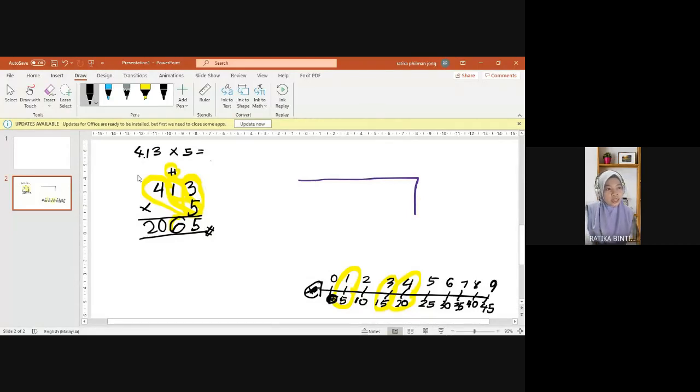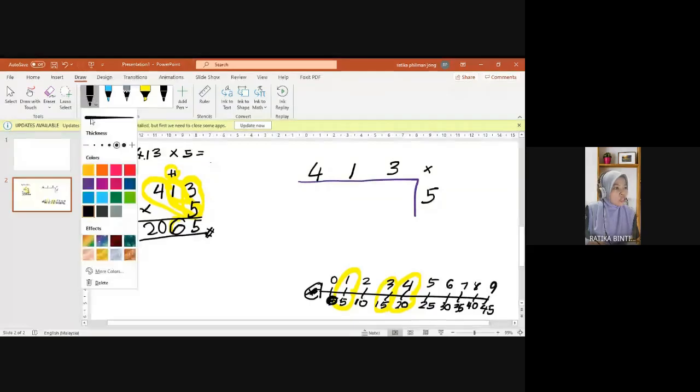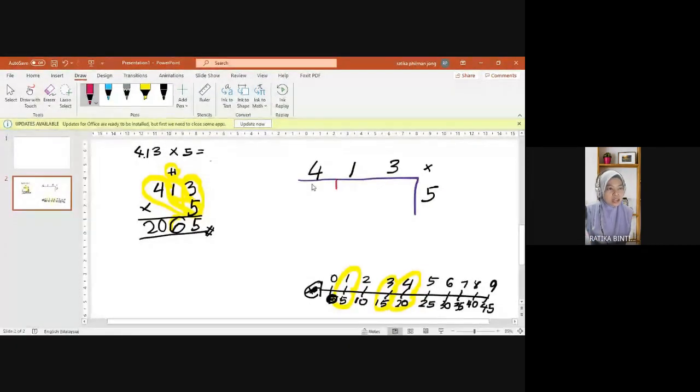We put it at the top. 4, 1, 3, spaced out a little. Then here is multiply. And the number with fewer digits, you put it at the side. Times 5. Now what you need to do is draw the line to separate each.